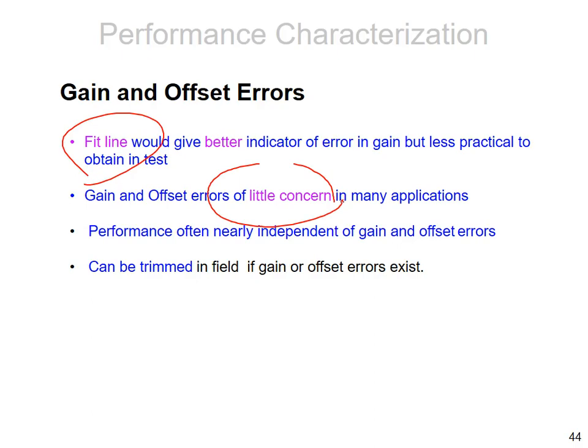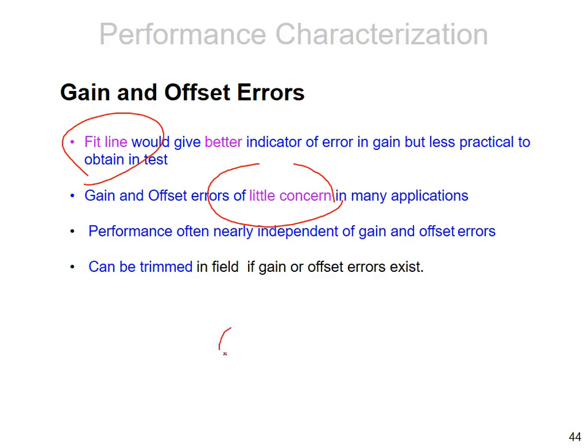For example, if you go to the market to buy fish, or you go to some kind of luxury store to buy gold, silver, or some kind of precious stones, right? Oh, offset error, gain error, it doesn't allow, right?